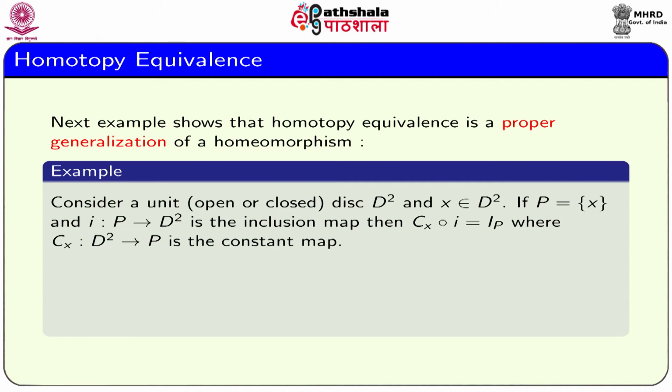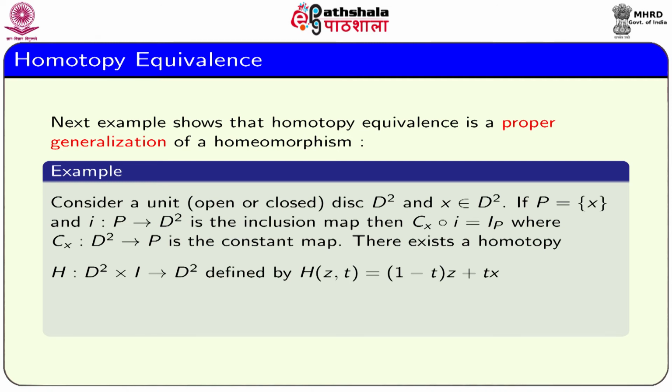Let us take the point space capital P consisting of the single point x and consider the inclusion map i from P to D2. Now, if we take the constant function Cx, then Cx composed i is exactly equal to the identity function on P.